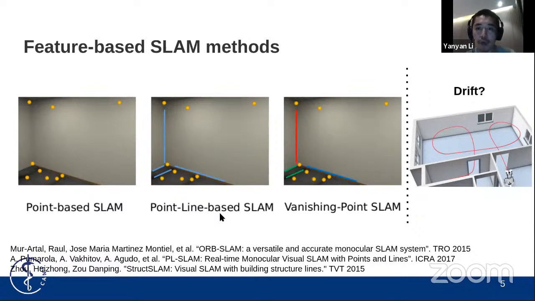So people began to check the relationship between those lines. For example, for parallel lines, you can extract a vanishing point from them. In this way, you can cluster those lines into different groups. Based on this, you can add more constraints in your SLAM system.